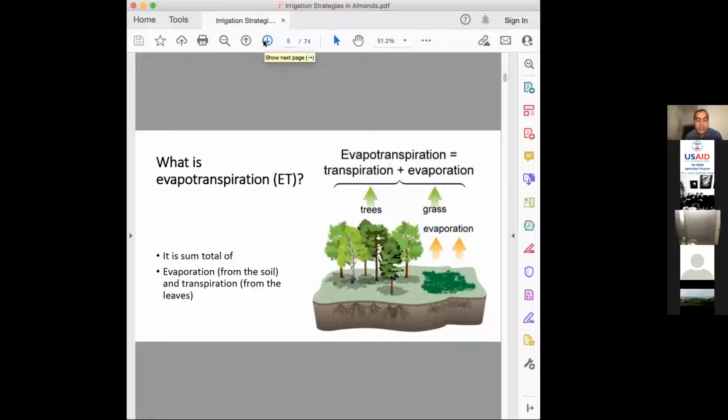Those are the major components. The other, undesirable component is that a lot of water goes down the root system, percolates in the soil below the root zone, and is lost to groundwater. So those are the only 3 or 4 ways that the water ends up after we apply it to the orchard.